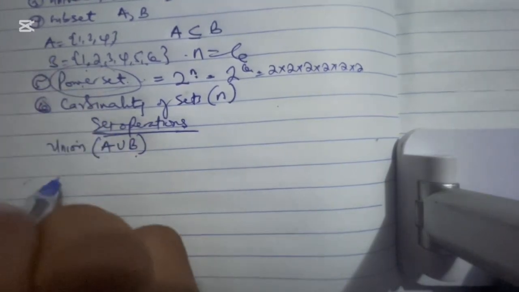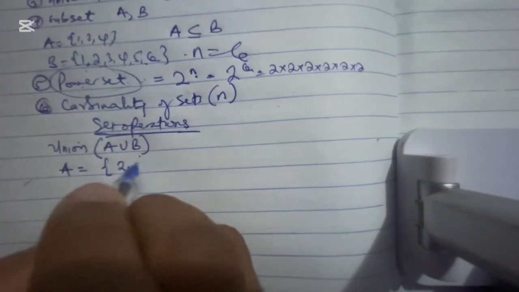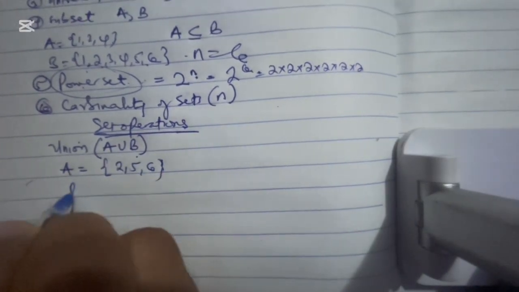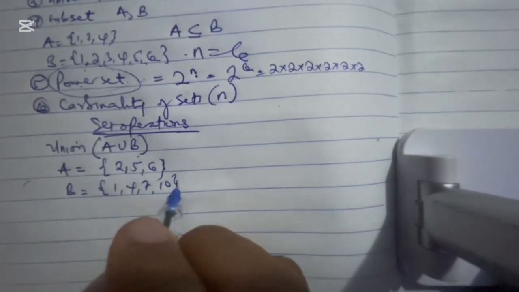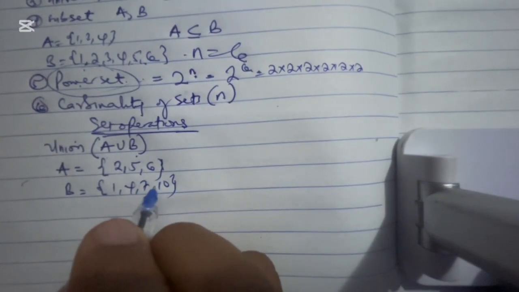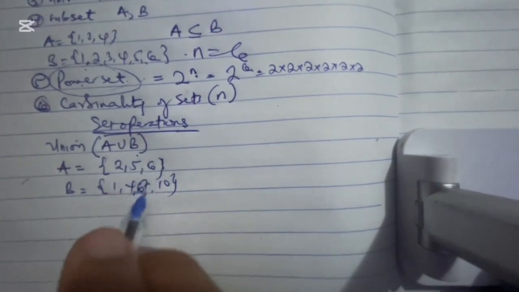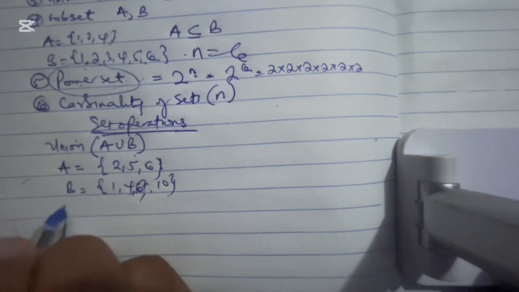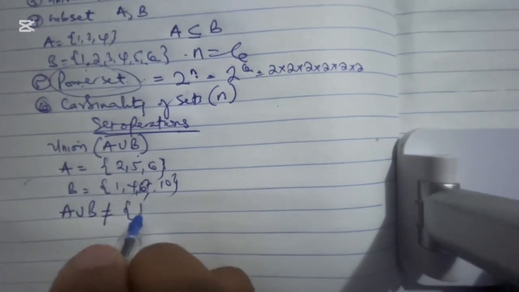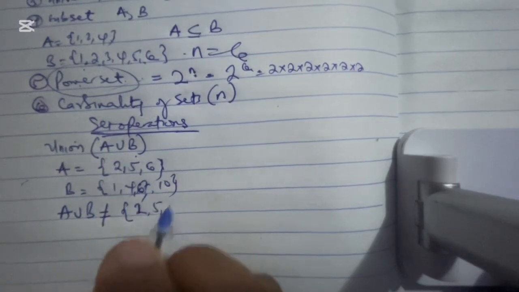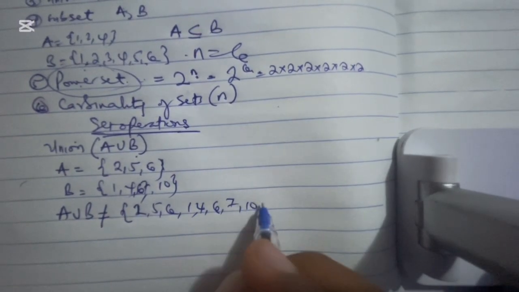For instance, now let's use another set. Let's say set A has 2 5 6 and set B is 1 4 6 7 10. If you look at it, we have 6 in both, but we will not say A union B is equal to 2 5 6 1 4 6 7 10.